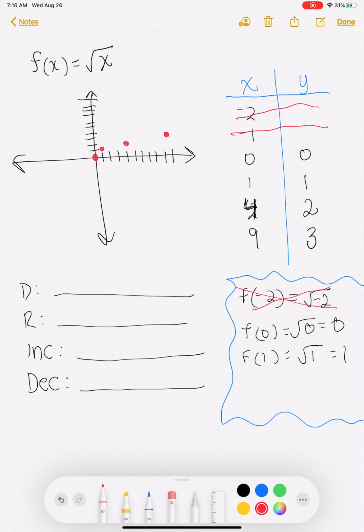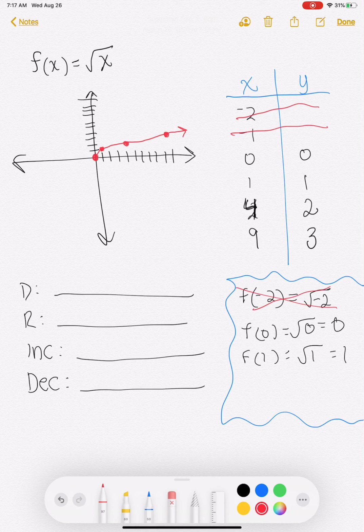Okay, and now again, since we cannot have any negative x values in our domain, I'm going to start my pen at the origin here and connect the dots as I move left to right. So notice that I'm not actually going past the y-axis because I don't have any of these negative x values. Okay, so there's the parent function for a square root function.